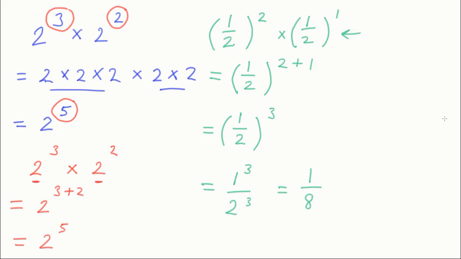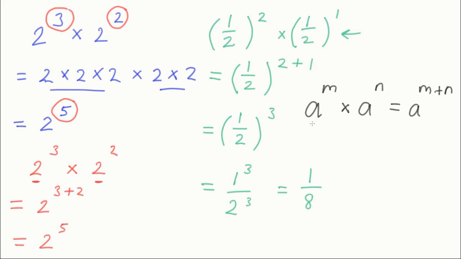And the general rule, or the formula for the first index law, if you like, is a to the m multiplied by a to the n equals a to the m plus n. And a, m, and n can be any numbers, including the number 0.